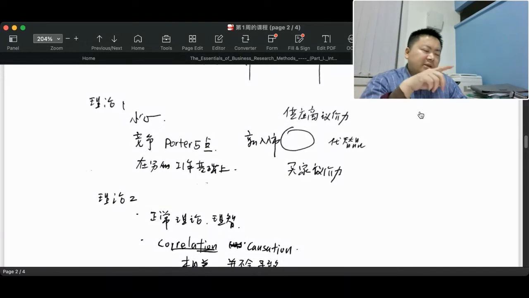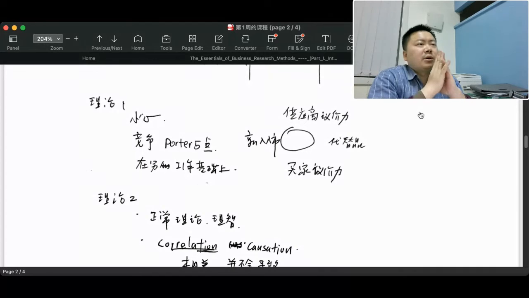And he drew a circle. He mentioned the supplier's buying power, the client's buying power, the substitute of a product, and whether you have any new competitors. That's quite interesting. Sometimes if you have a lot of customers buying in a group, for example in a Facebook group, and they approach a vendor, they probably will have more buying power.